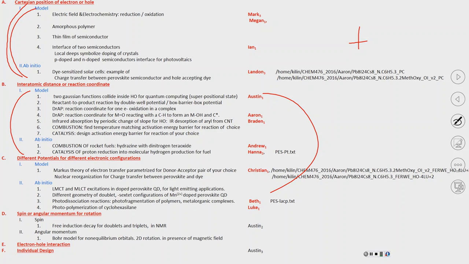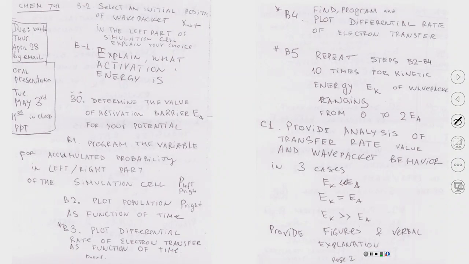And some of you have already got a graduate student helper or postdoc helper and files. So, right? Good. But no matter which project you do, the protocol is the same: same code, just different potentials.